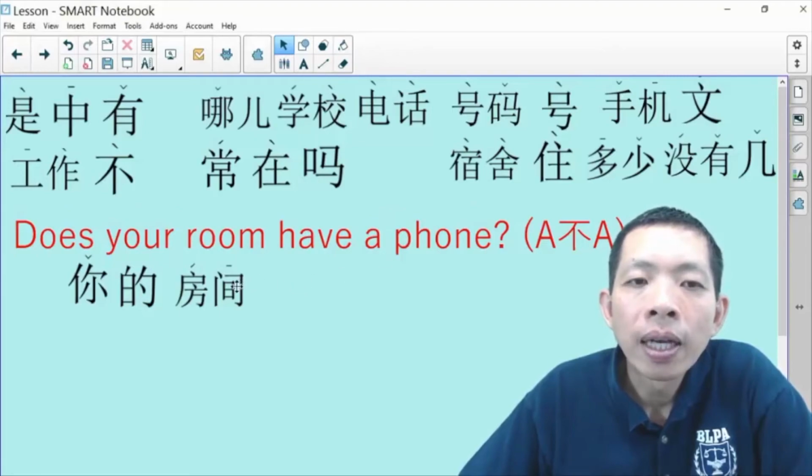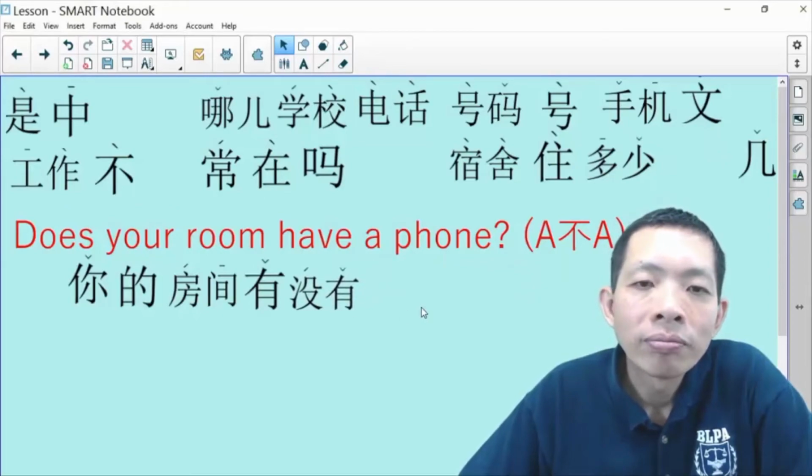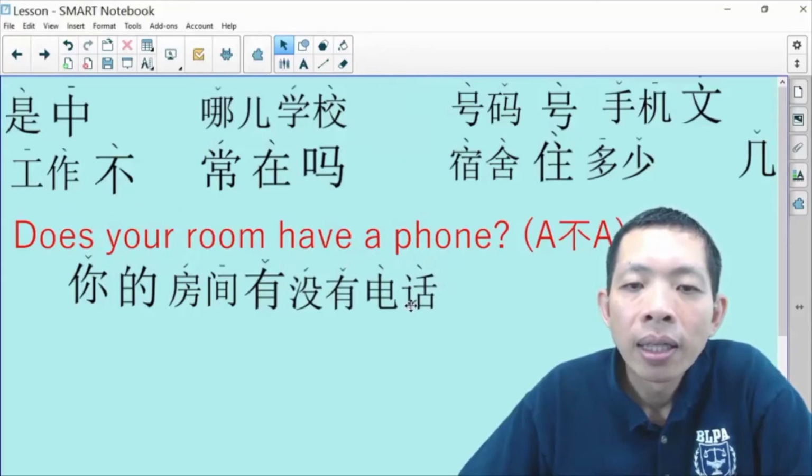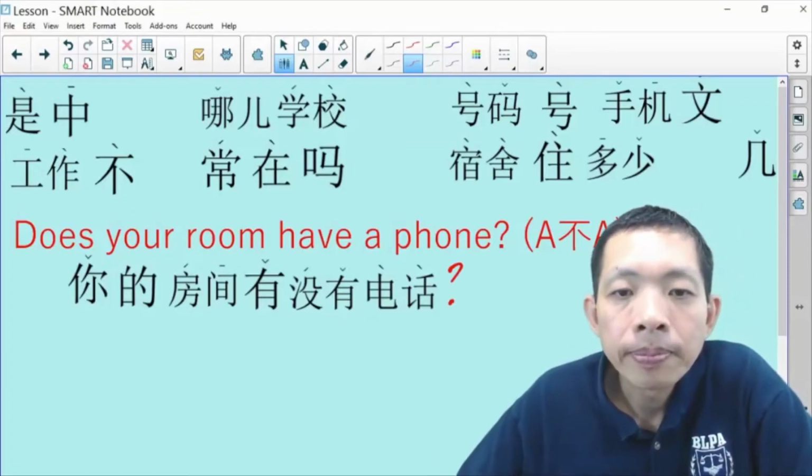你的房间 and verb 有, right? So 有 and what's the negative? 没有. So do not write 不有, there's no such thing. So 你的房间有没有电话, question mark.